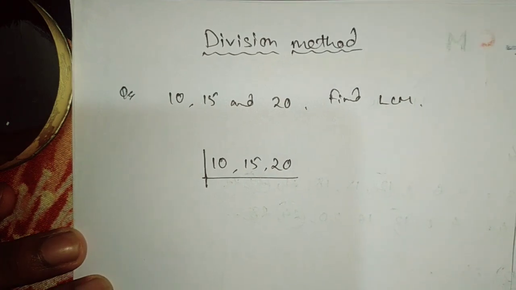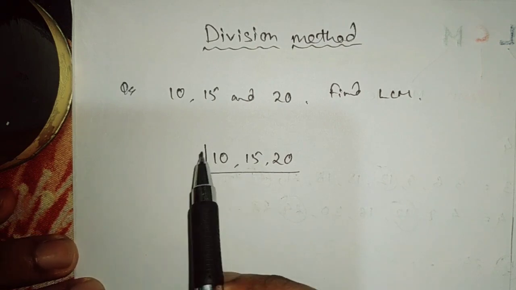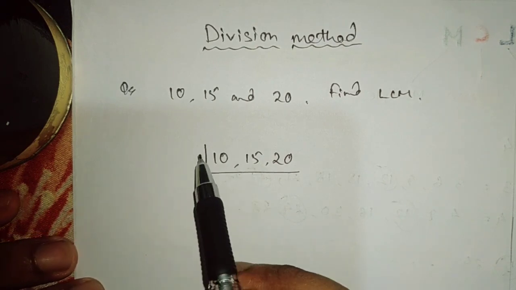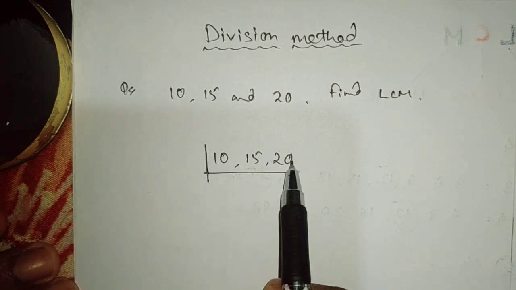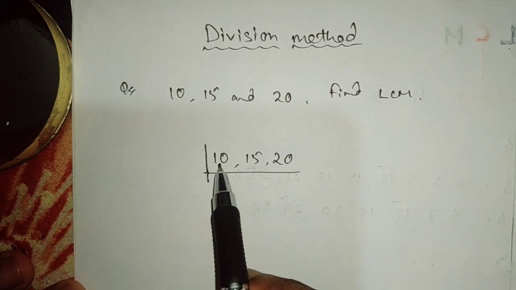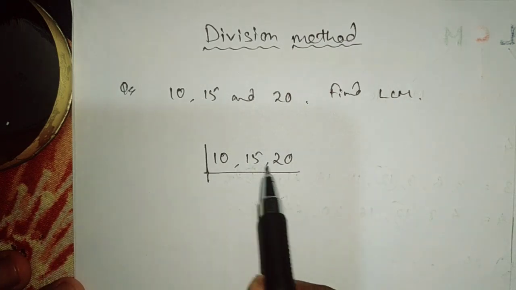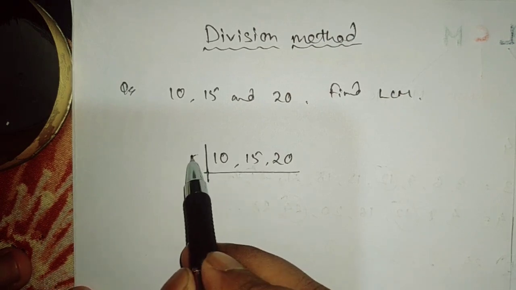Now we will take the shortest prime number, or any prime number, to divide these numbers. If you take 2, this 10 will be divisible, this 20 will be divisible, but 15 will not be divisible. No problem, we can take 2.